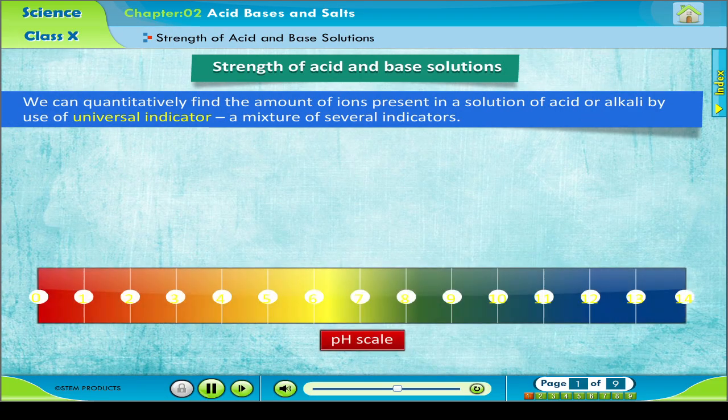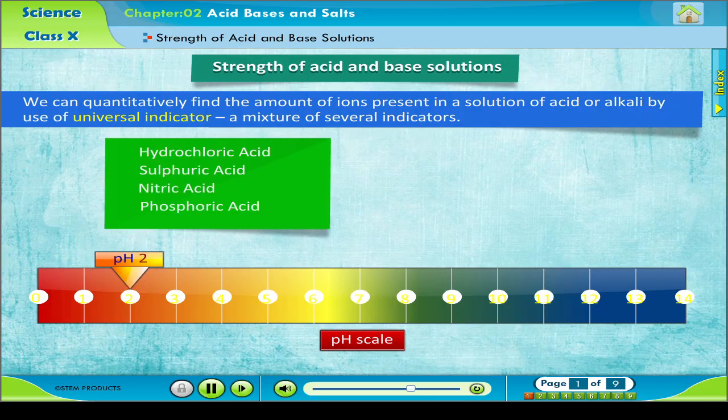We can quantitatively find the amount of ions present in a solution of acid or alkali by use of universal indicator, a mixture of several indicators.